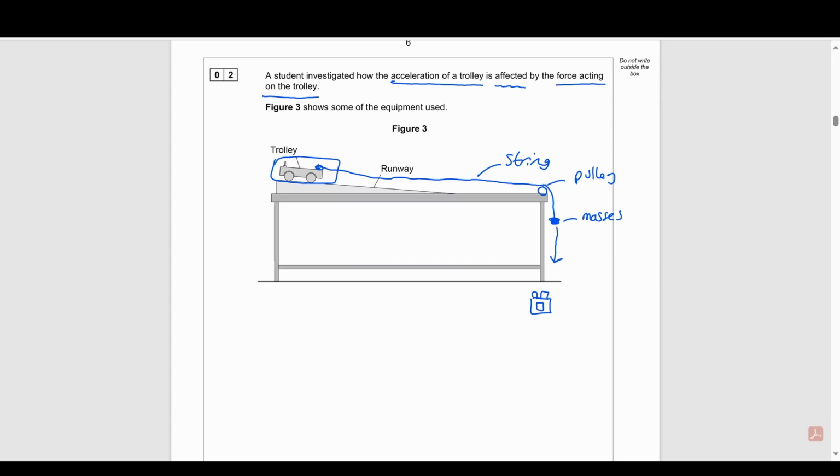But what we want to do is find out how quickly the trolley moves at a set distance. So one way in which we could do that is add markers to our runway, an ending and a start point. And then we start the stopwatch when it moves past the start point, and then stop the stopwatch when it reaches the end point.